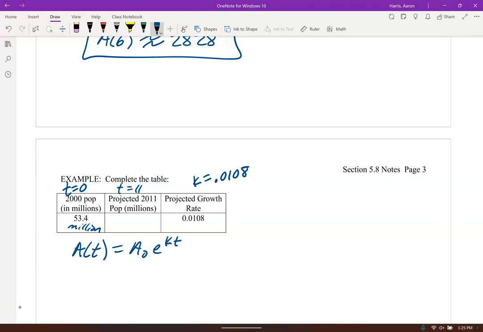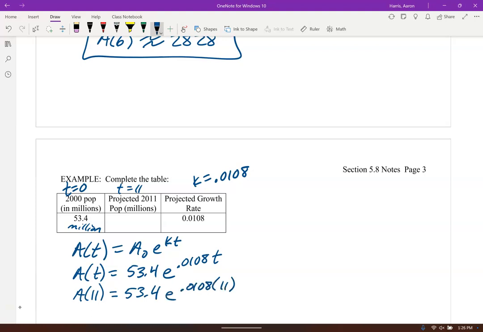So in year 0, there's 53.4 million, and this city grows at a rate of 0.0108 for the K. Okay, growth rate there. Now we just find it for year 11, 2011, 11 years later. And we just got to punch that in.